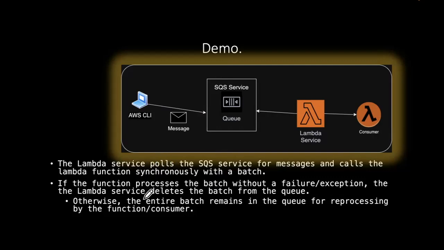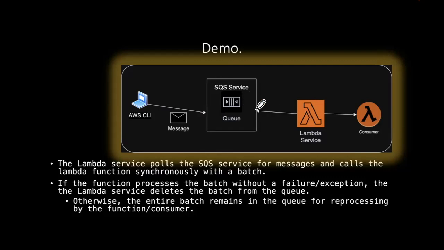And that's what I'm alluding to down here. Remember we said the consumer is responsible for telling SQS to delete the batch of messages that it received from it once the consumer has processed the batch. Well, in this case, the Lambda service, because that is our actual consumer, it's not really the Lambda function, will take care of communicating to SQS that the batch of messages that it received should now be deleted.